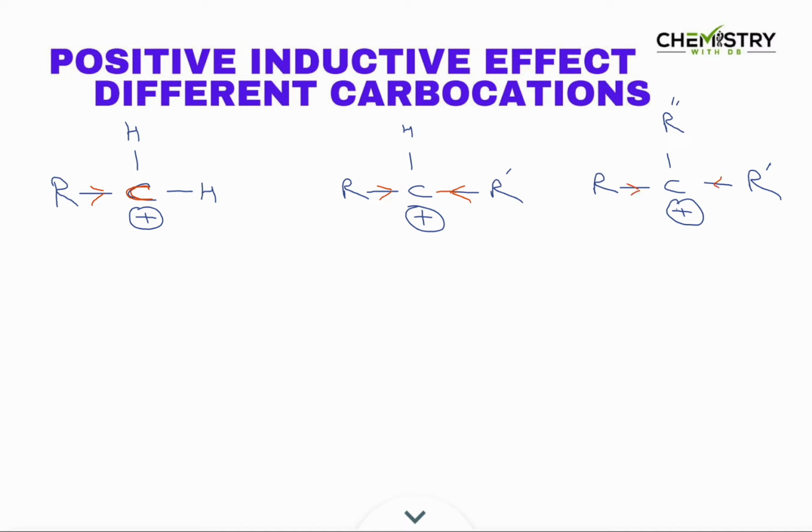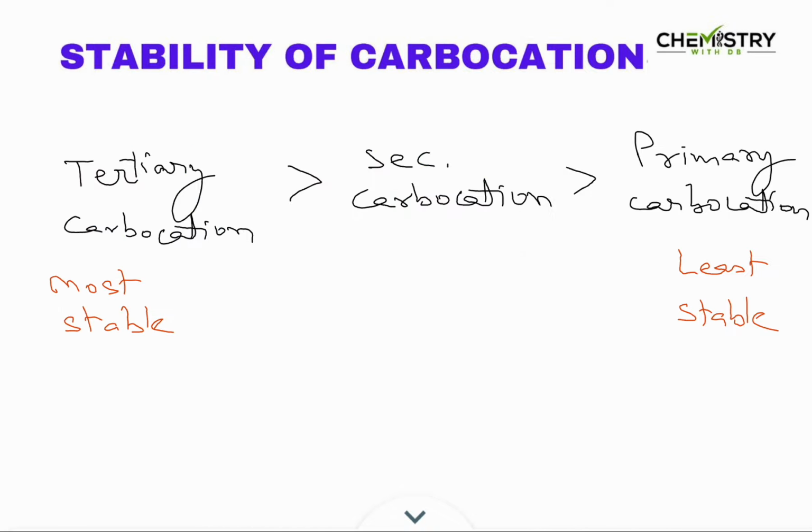In the case of tertiary, the electron pushing happens from three ends, and this is why the most inductive effect will be felt in a tertiary carbocation from the three alkyl groups. That decides the stability of the carbocation. As a result, the tertiary carbocation is the most stable and more likely to form compared to the secondary carbocation, and the secondary carbocation is more stable than the primary carbocation. Primary carbocations are the least stable.